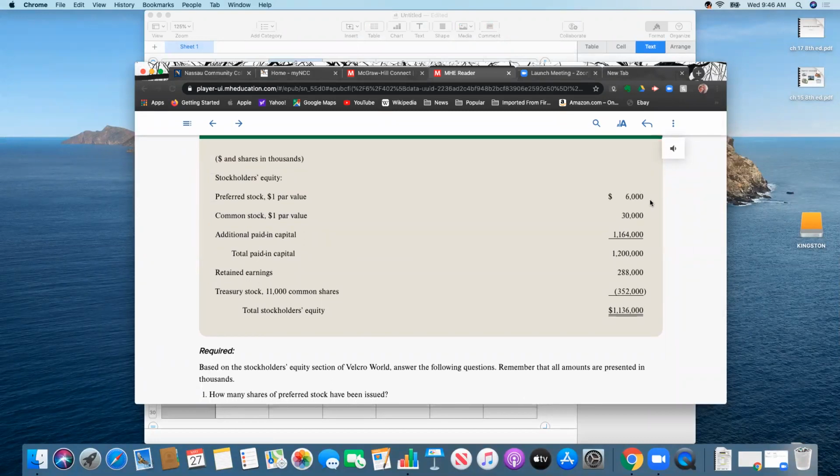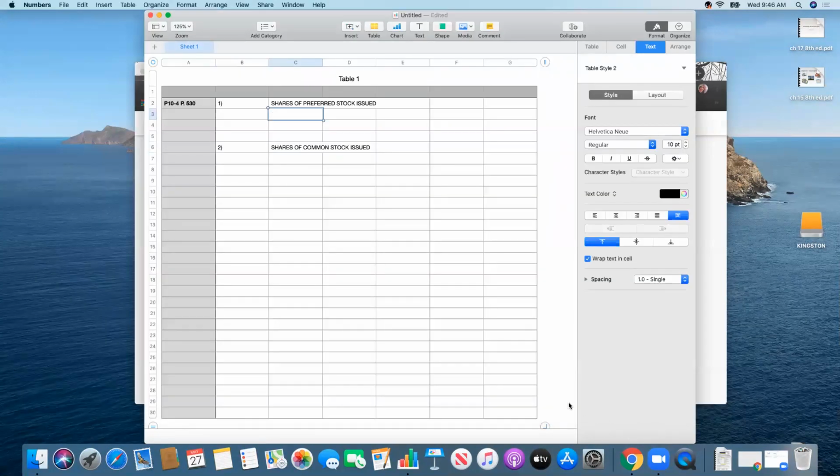If preferred stock is 6,000 and the par value is $1 a share, 6,000 divided by 1 equals 6,000 shares issued.